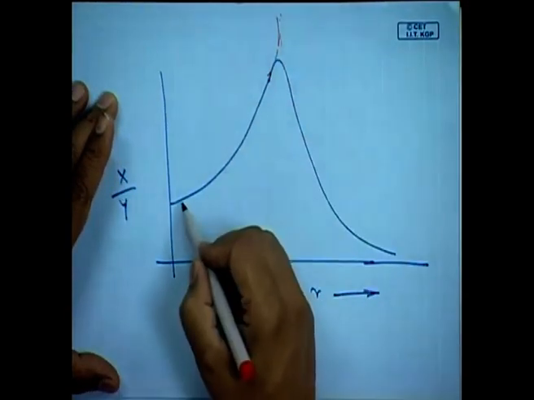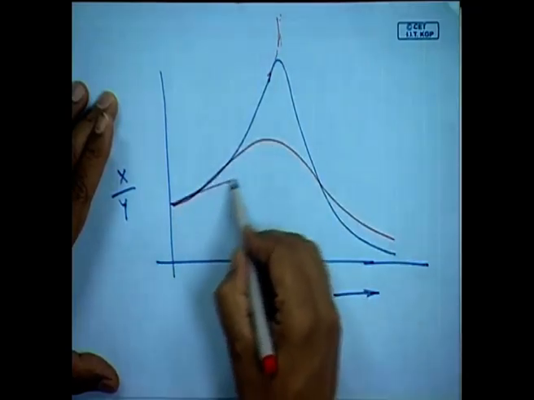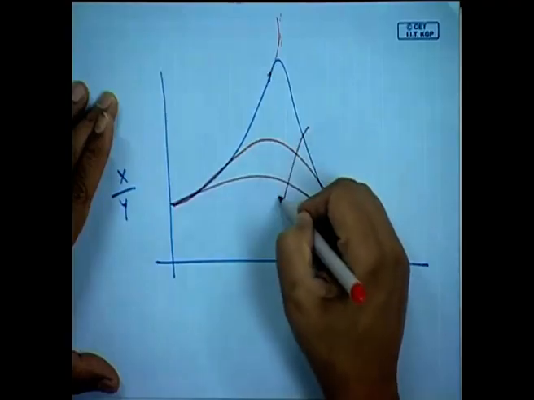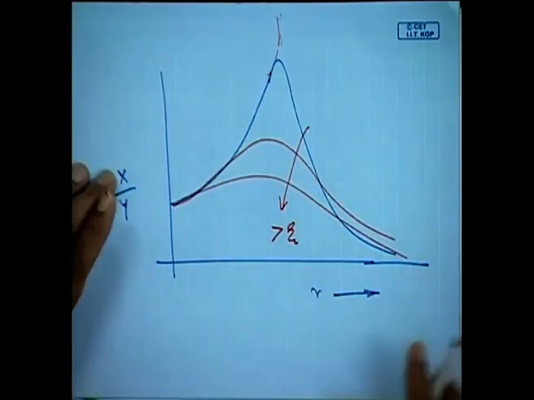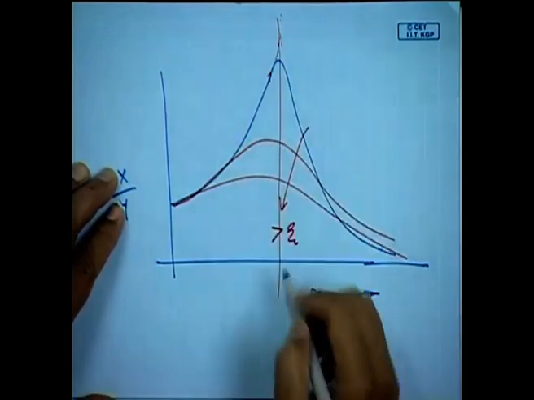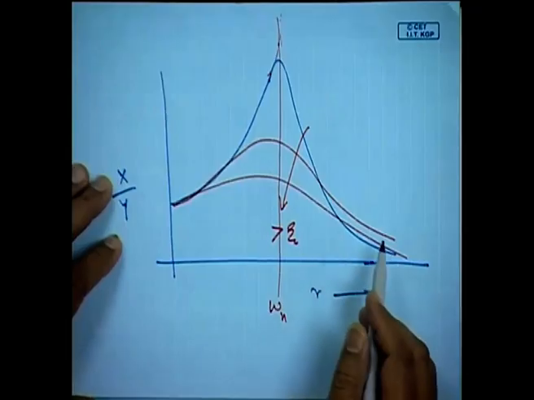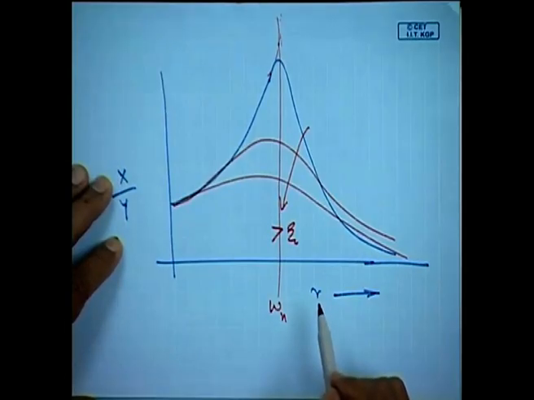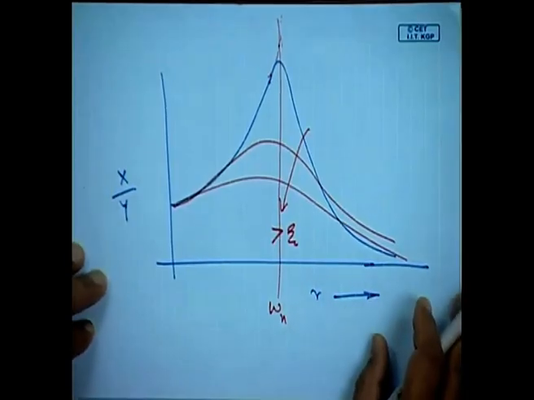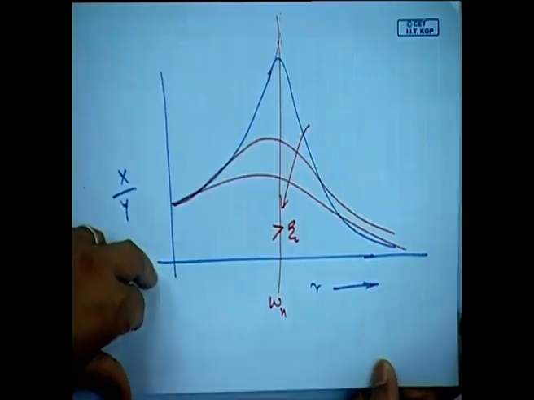Okay. And if I increase the damping, so at resonance I can always reduce the vibration motion by introducing damping. Okay. Now, how is that done? Actually, there are many ways to introduce damping.